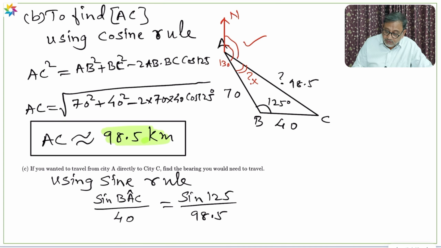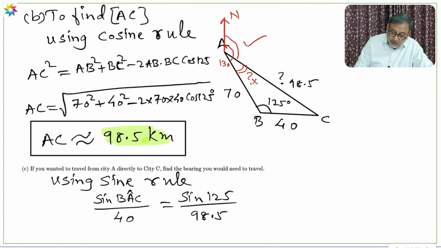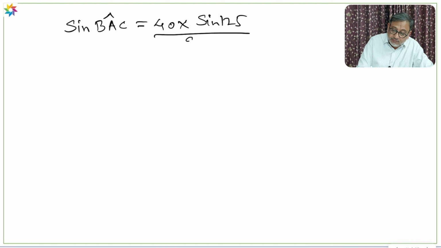So sine rule always. Therefore sine BAC is equal to 40 into sine 125 over 98.5. I'll find it and then take sine inverse.